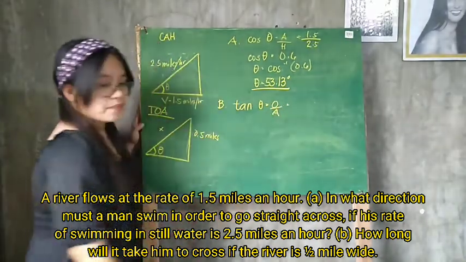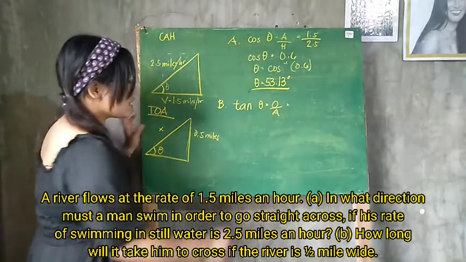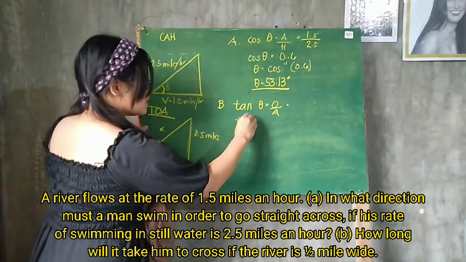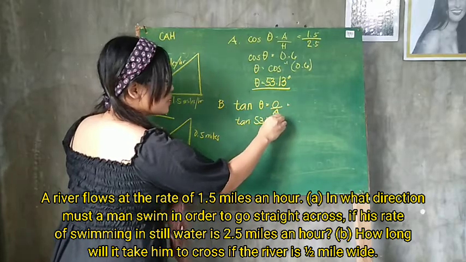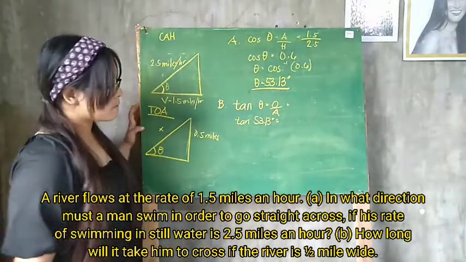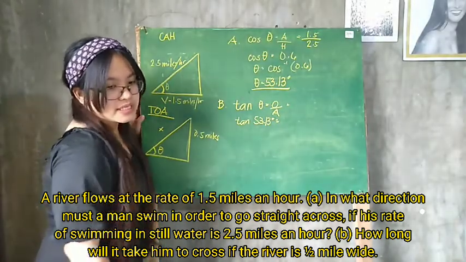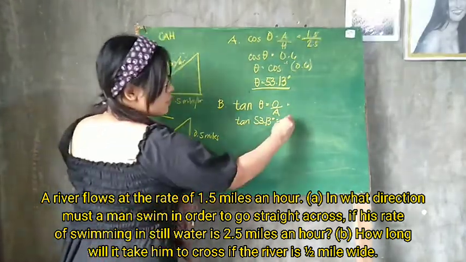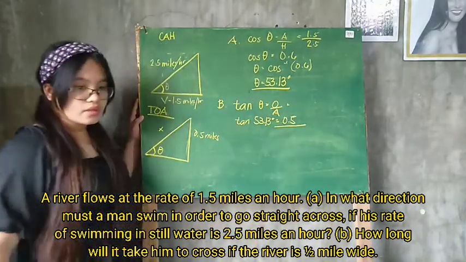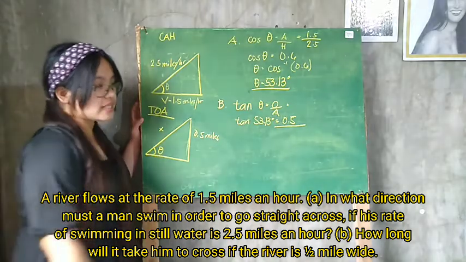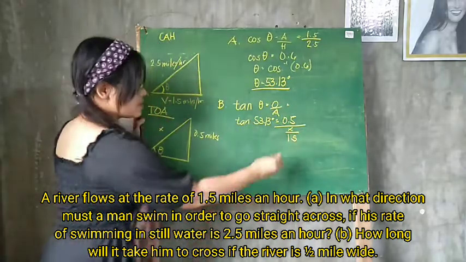The tangent of 53.13 degrees is the opposite, 0.5 miles, divided by the adjacent, which is x over 1.5 miles.